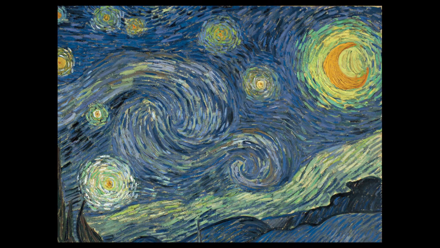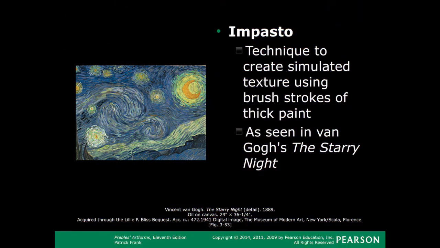And here is a very famous painting. It's actually a detail of a famous painting, and you're probably already aware. It is an example of The Starry Night by Vincent van Gogh. And Van Gogh is known for the way he paints, and that he does what we call an impasto style, a technique that creates simulated texture using brushstrokes of thick paint.